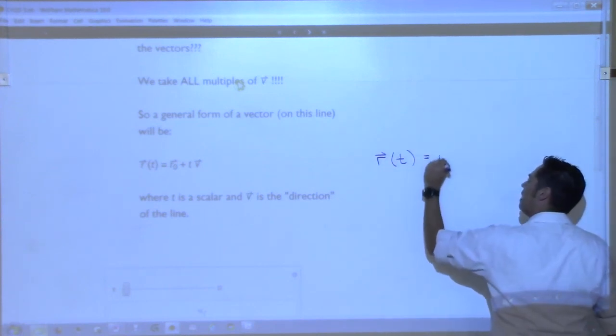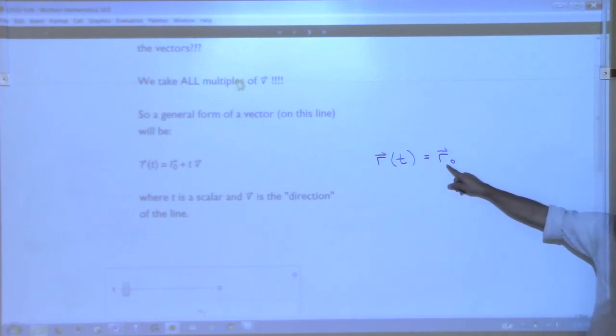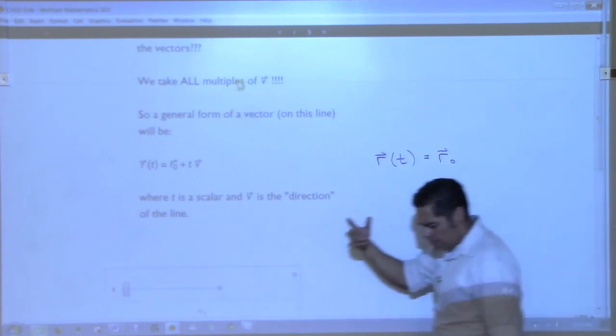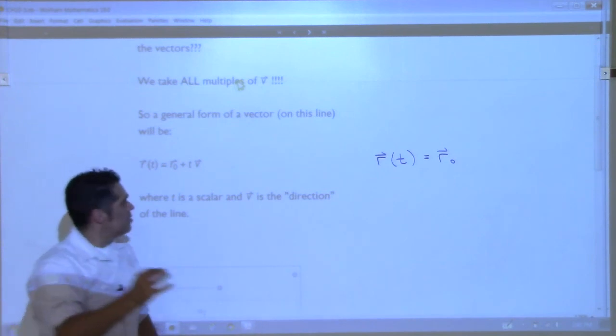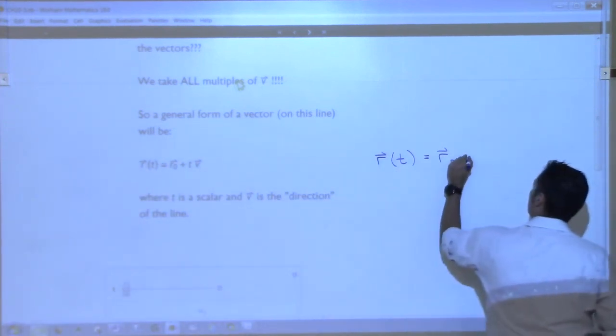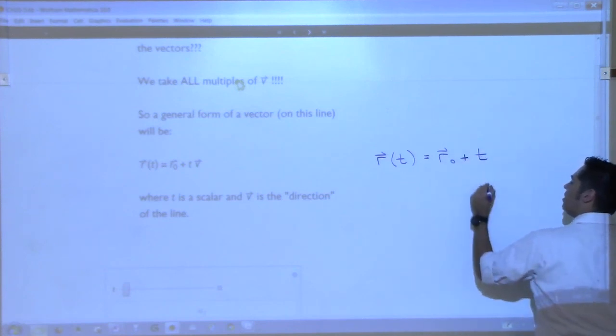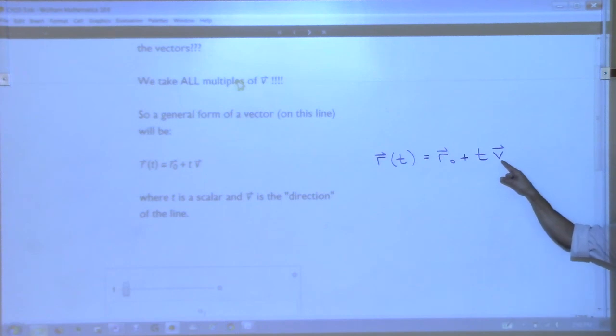First of all, where did this vector r naught come from? It came from some initial point given to us, right? So we will create a vector from an initial point given to us, and then we will add t times a v vector. Now this v vector, where do we get that from? R1 minus r naught, right? We subtract the two. That's how we get v.